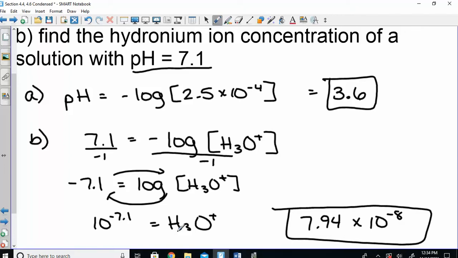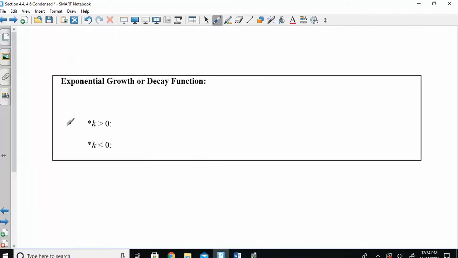Second place where it's used a lot is exponential growth and decay. This function, A of t, just means the amount present at time t, is equal to a sub 0, meaning your beginning amount, e to the kt power.